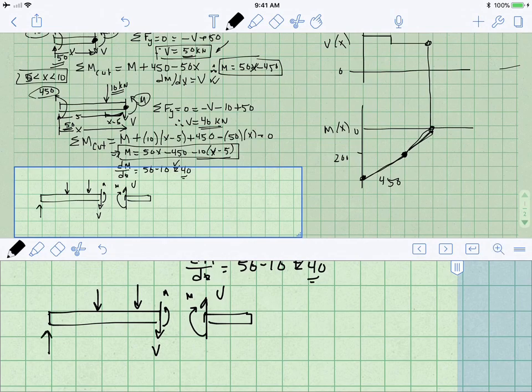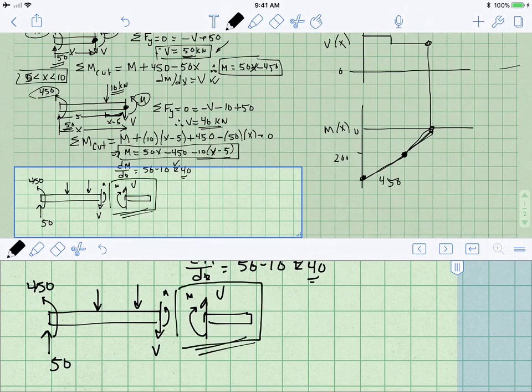On the left-hand side of the beam, I've got the reaction load of 50, and I've got the bending moment of 450. On the right-hand side of the beam, I've got nothing. So this side of the beam looks a little easier to analyze, and so that's what I would like to do.